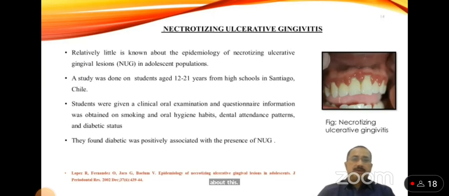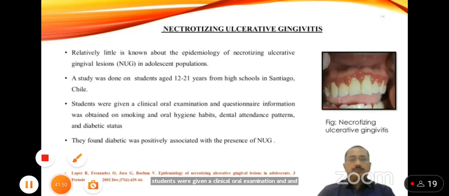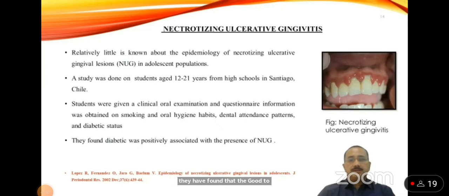In some studies, students were given a clinical oral examination, and they found that, due to smoking and other oral habits, there is a pattern of necrotizing ulcerative gingivitis in diabetic patients. They found diabetes was positively associated with the presence of necrotizing ulcerative gingivitis.